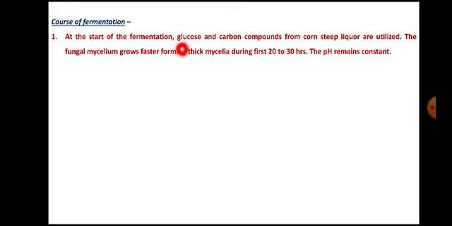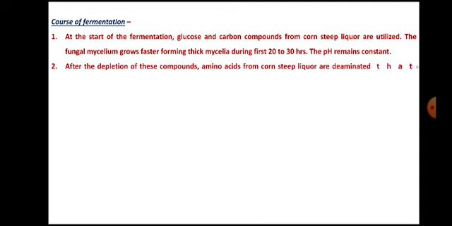The mycelia rapidly utilize glucose and easily metabolizable carbon compounds present in corn steep liquor, and this leads to the growth of fungal mycelium. The mycelia become thick, and this period is from 20 hours to 30 hours. During this period, the pH of the fermentation broth remains constant.